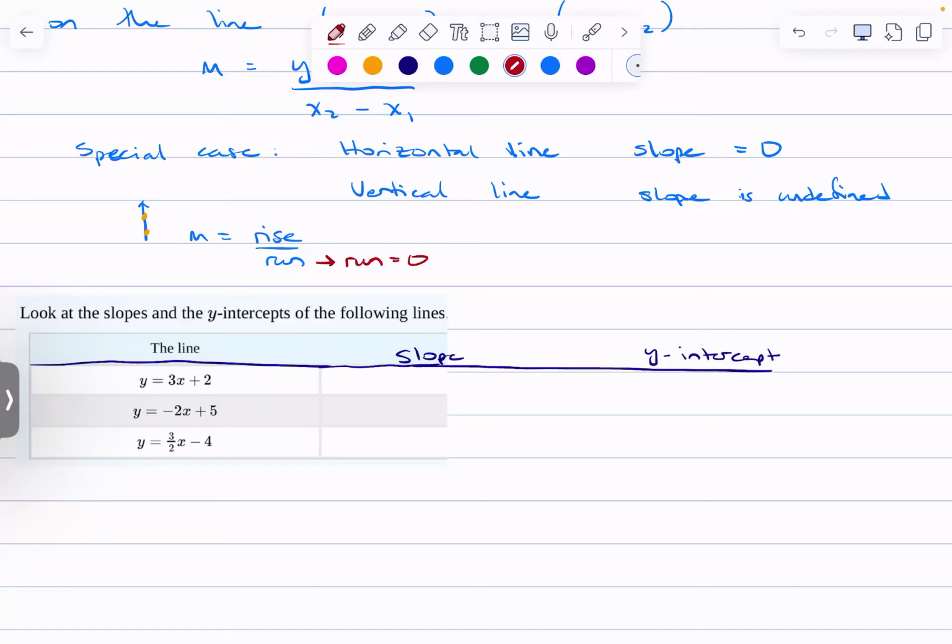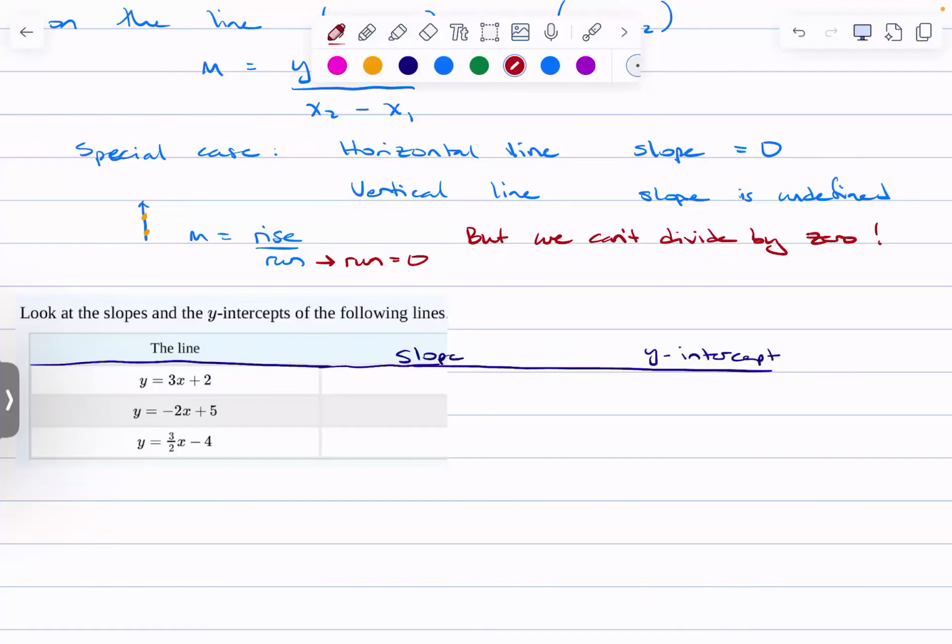That's illegal math. 0 over something just becomes 0, but if we're trying to divide by 0, we can't. You can try it on your calculator. Your calculator will try to stop you and say, mine I think says math error, if you're trying to do some illegal math.